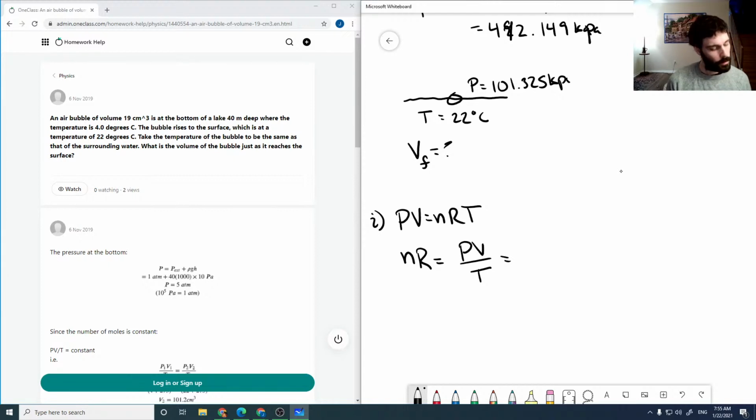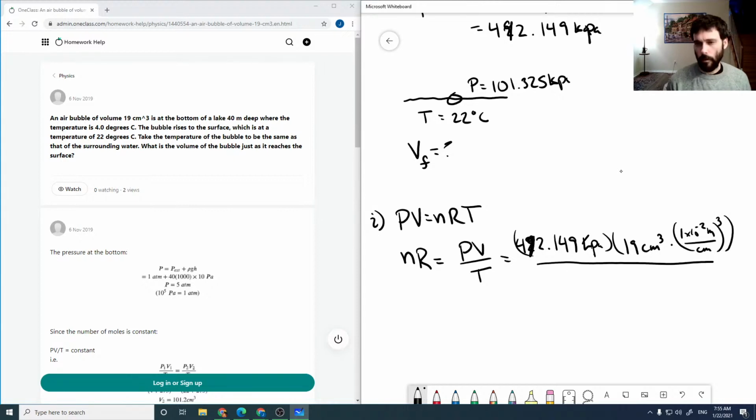So our pressure is 492.149 kilopascals times 19 centimeters cubed times 1 times 10 to the minus 2 meters per centimeter cubed over our temperature, which is 277.15 Kelvin.